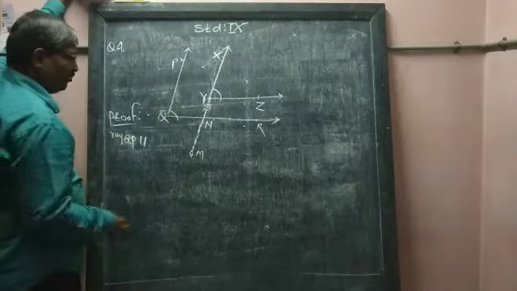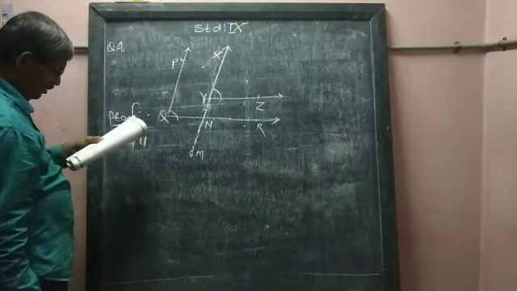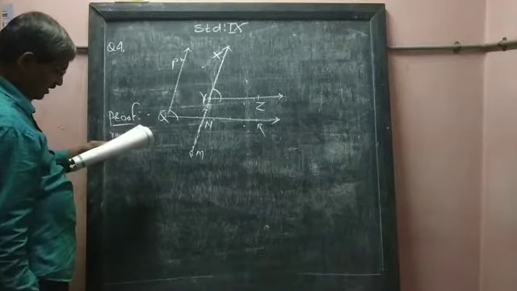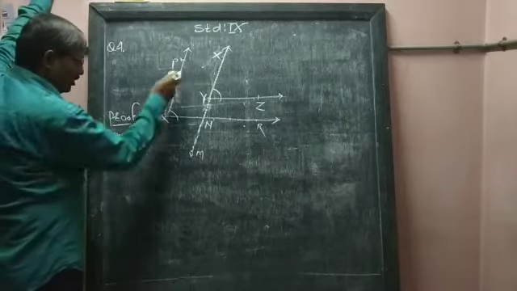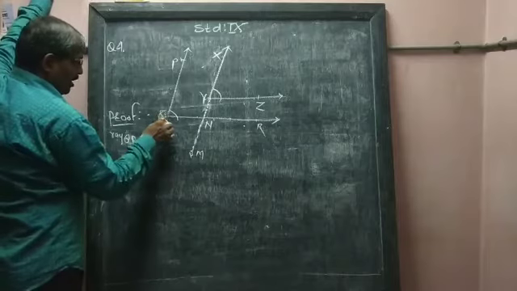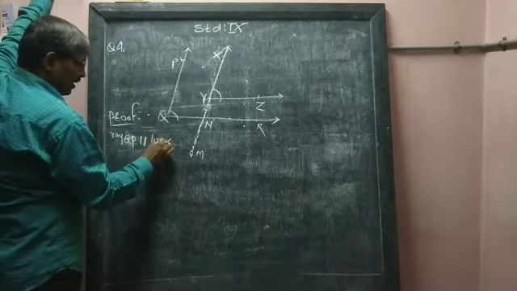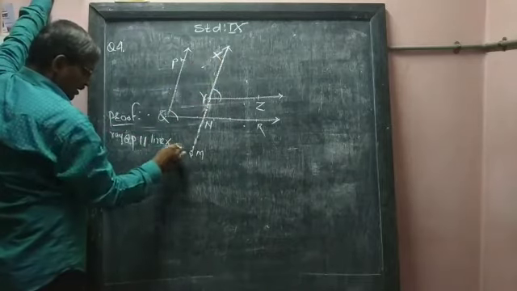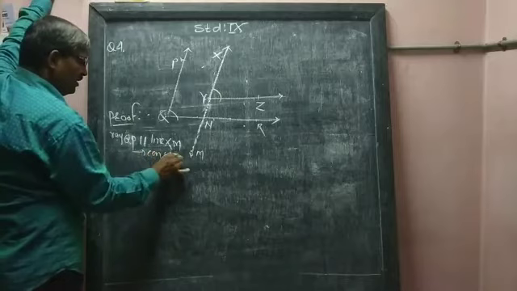You may take QP also because arms are mentioned. Sides are told, so we don't have any problem. So QP parallel to line XM, by construction. What is the reason? Construction.